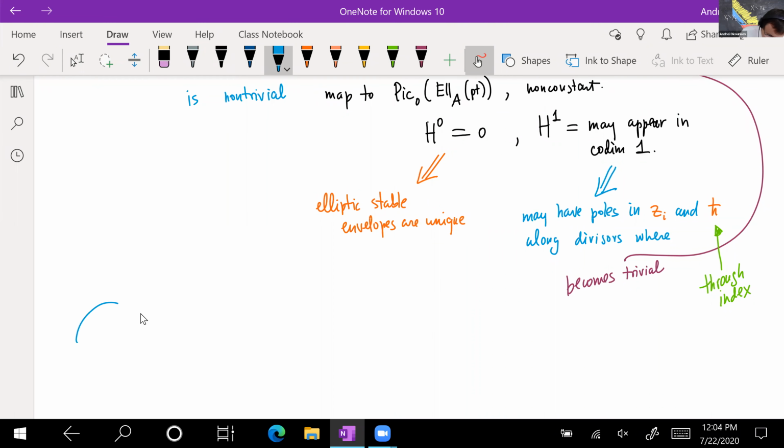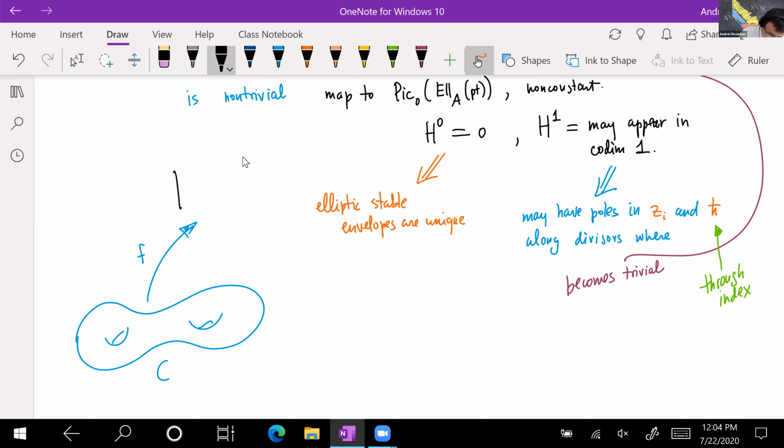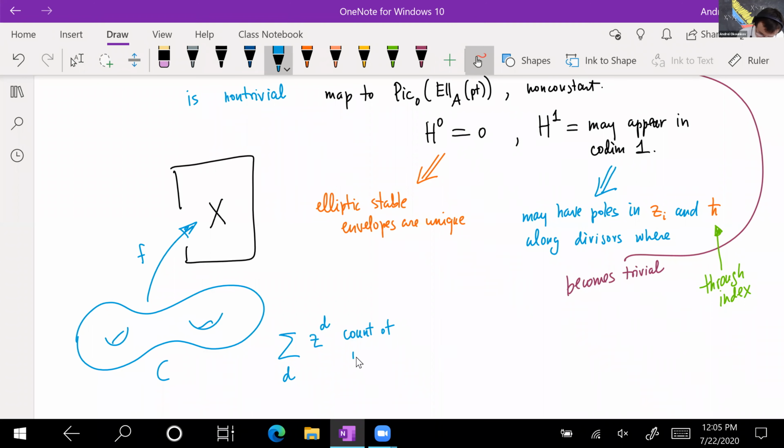We were interested in counting maps f from some Riemann surface C to some variety X. We wanted to study things like the sum over all possible degrees, z to the degree, and then somehow count maps of degree t.